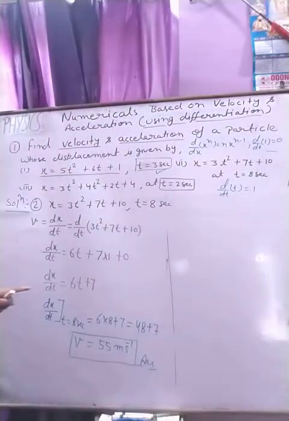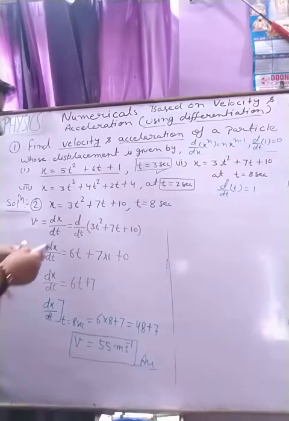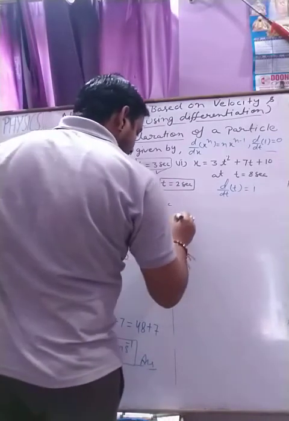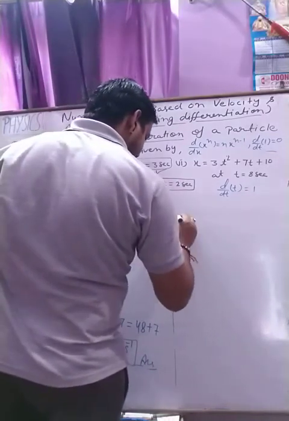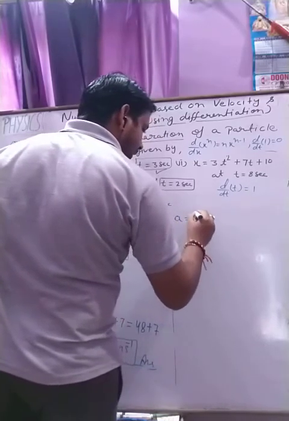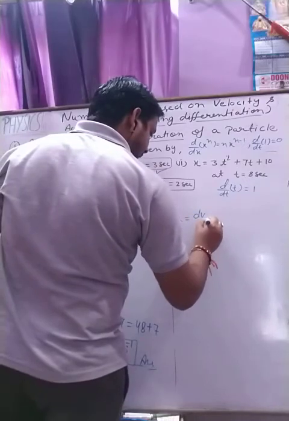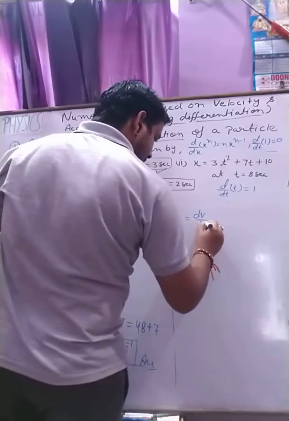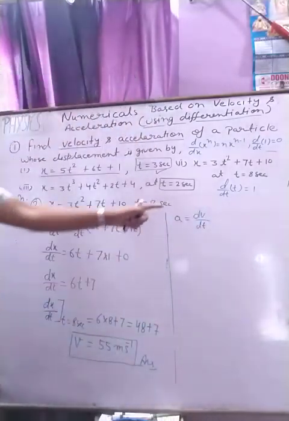For acceleration we are using this dx over dt. So acceleration is equal to dv over dt, and what is the value of v?